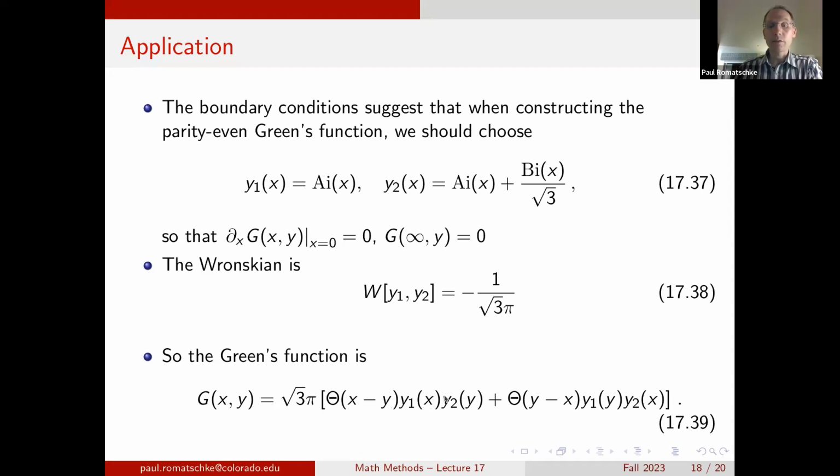So if x is very, very big, y1 of x takes this role here, and that is the function that decreases exponentially. Whereas in this term over here, that's the one where x has to be smaller than y, in particular close to 0. That's the one where y2 of x will be the function that determines the behavior close to the origin, and that's the function that has zero derivative at the origin, which is necessary for the parity even subsector.